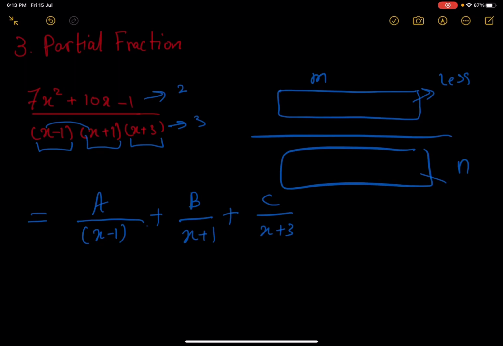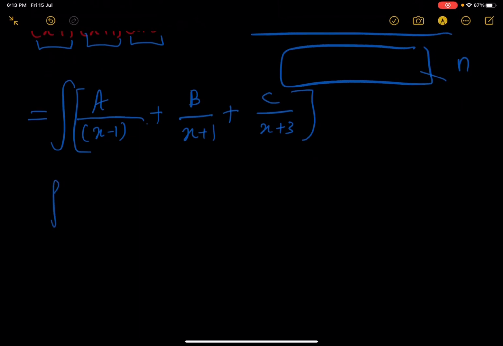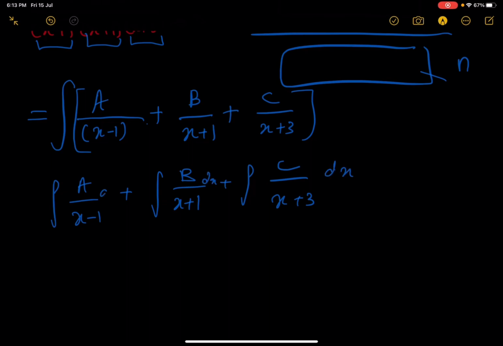But this is not the integration. This is just partial fraction, and we use partial fraction to simplify the expression. After the partial fraction, we just integrate everything. Because we have plus between the terms, we can separate the integration. So I can say the integration of a over x minus 1 plus integration of b over x plus 1 plus integration of c over x plus 3, and here we have dx, dx, and dx.